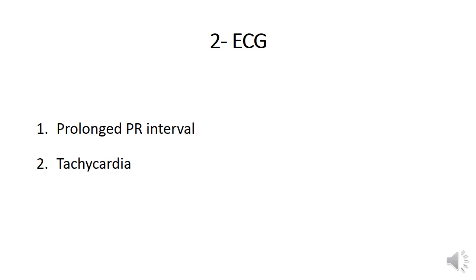Doing an ECG is one of the simplest and one of the very important investigations in the cardiac patient. There will be tachycardia denoting the infection, yet there will be a prolonged PR interval.